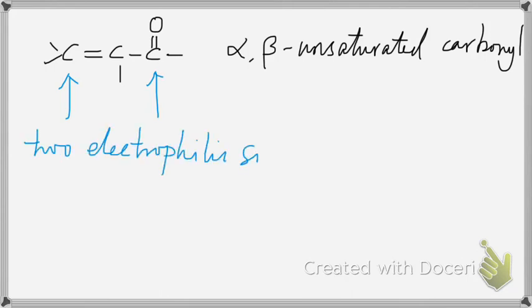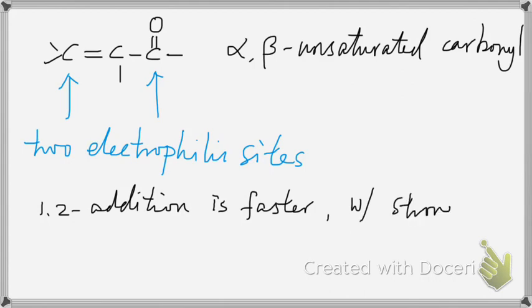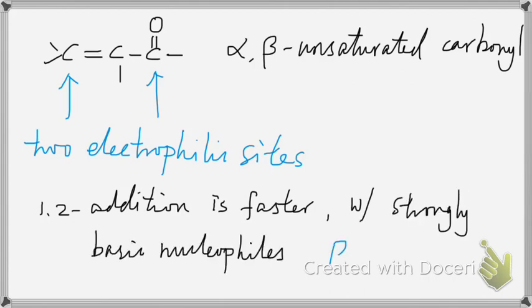So for the alpha-beta unsaturated carbonyl, we have two electrophilic sites. One is the carbonyl carbon, the other is the beta carbon. 1,2 addition is favored when we have strongly basic nucleophiles, such as Grignard reagent or organolithium reagent. With Grignard or organolithium reagent, nucleophilic addition to the carbonyl will take place.